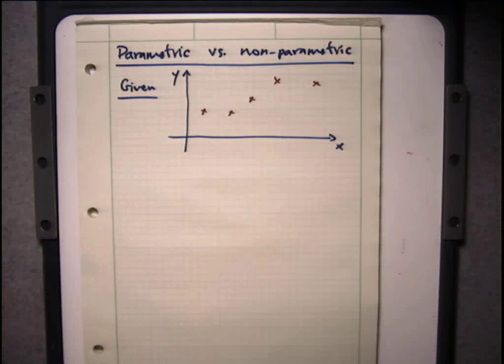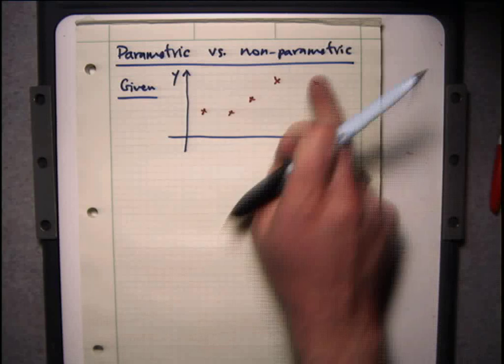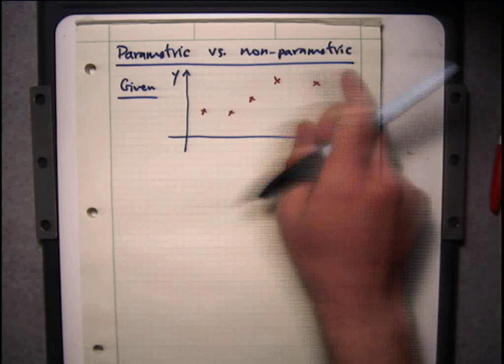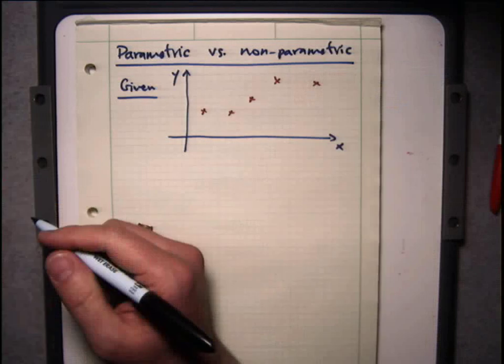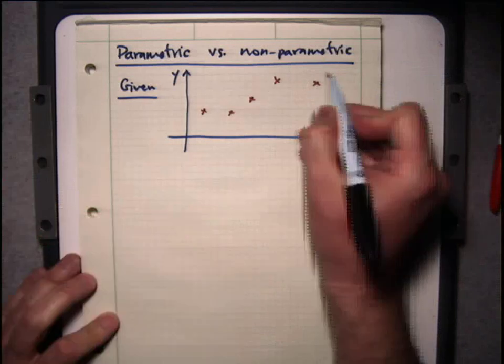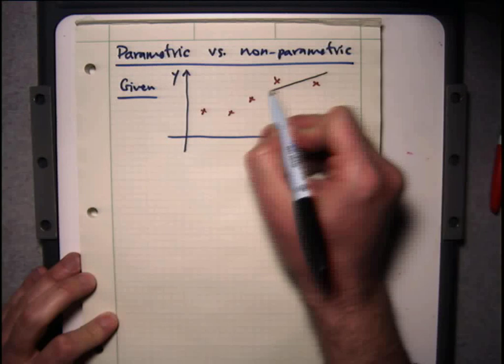Okay? An example of a parametric estimation is to say, this data looks like it might have come from a line. Okay? So what I'm going to do is fit the best line that I can across this data.